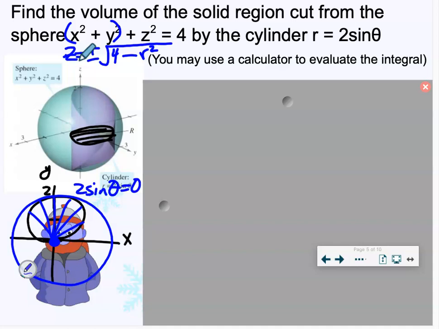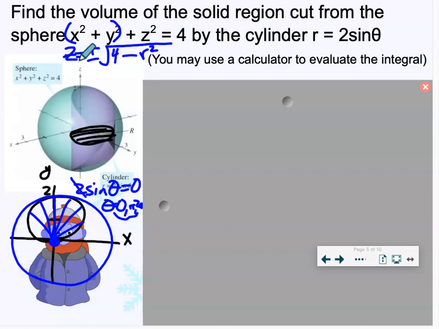So you kill the 2, you get sine theta equals 0, so you get theta equals 0 and pi and 2 pi and 3 pi, and you have to pick 2 consecutive ones. So you could go 0 to pi, you go pi to 2 pi, you go 2 pi to 3 pi, right? You could go negative 3 pi to negative 2 pi, as long as they're consecutive and get you from pole to pole.